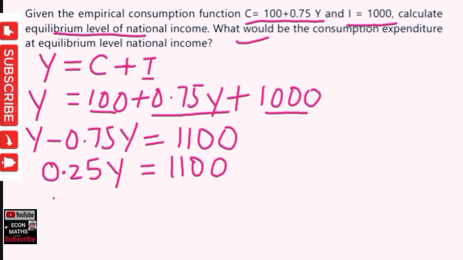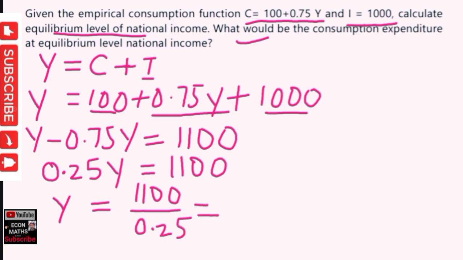Or we can write here Y is equal to 1100 divided by 0.25. Okay, now this 0.25 can be written as 25 divided by 100.